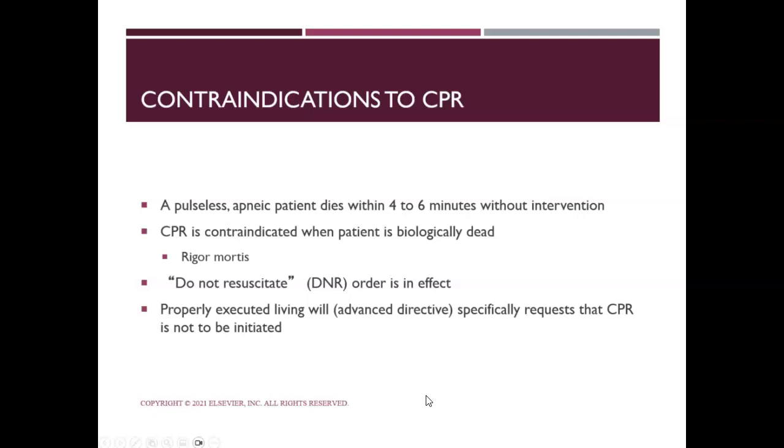Another main reason to not start CPR is if there's a do not resuscitate order in effect. So if the patient has a DNR in their chart, you're not going to do CPR. I think we talked about the ethics and legal aspects of respiratory care back in survey, but we also have these things called advanced directives, where people can get really creative with how they want their health care.